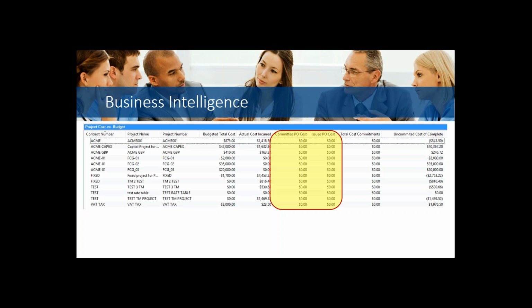Next, I have committed costs. And for project accounting, my committed costs are those costs that I have agreed to, but for whatever reason, I haven't actually gotten an actual invoice for them yet. So in my example here, I've got committed purchase order costs and issued purchase order costs. And within project accounting, I'm able to designate and break down the costs that I have on purchase order.